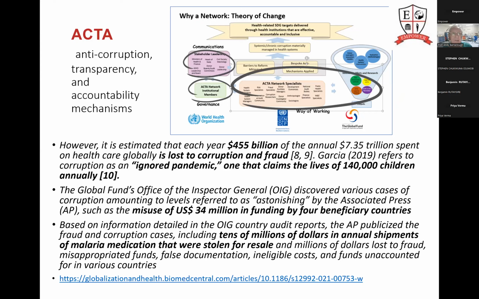Within this, there are the anti-corruption and transparency and accountability mechanisms, what is called the ACTA. So even with this PSM plan, even with all this activity, each year they lose about $500 billion in corruption and fraud.